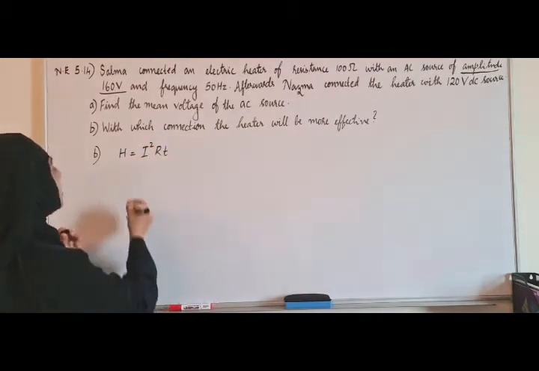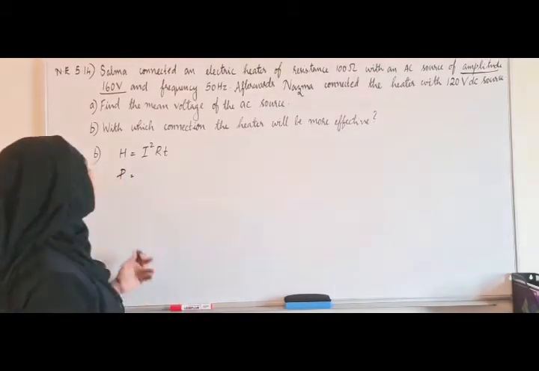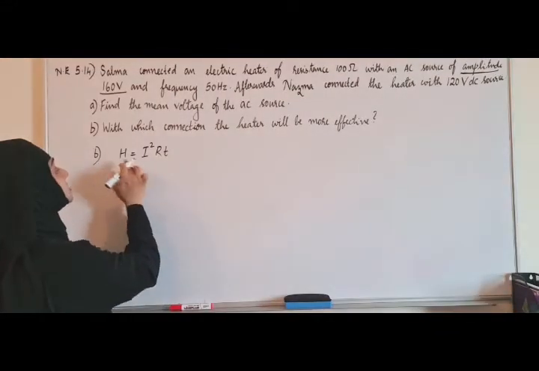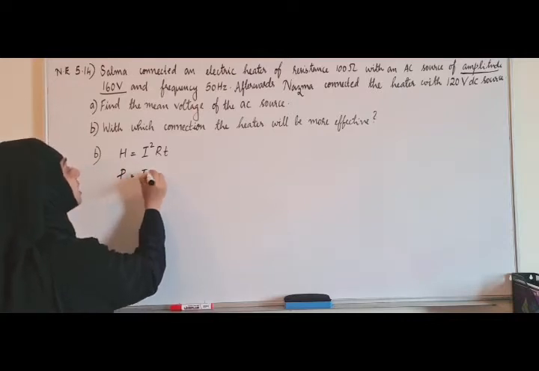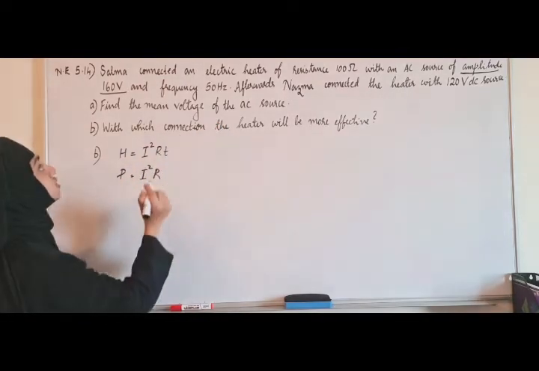Now, power means energy per time or heat energy per time. So I can take it as this quantity divided by time. So it will be I square R, where T is the time.